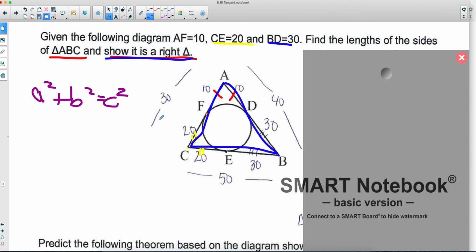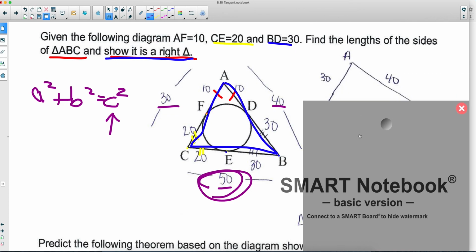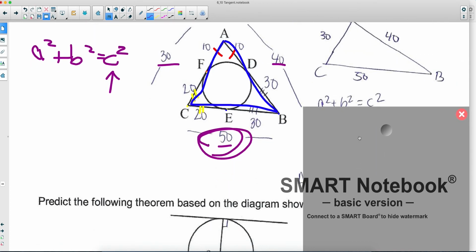And if that's the case, I have 3 side lengths, 30, 40, and 50. I also have 3 variables, A, B, and C. I have to determine of these 3 side lengths what goes in for C. And remember, we say C is the hypotenuse, it must be the largest side. So I'm going to substitute in 50 for C, 30 and 40 for A and B. So I'm doing that over here off to the side.